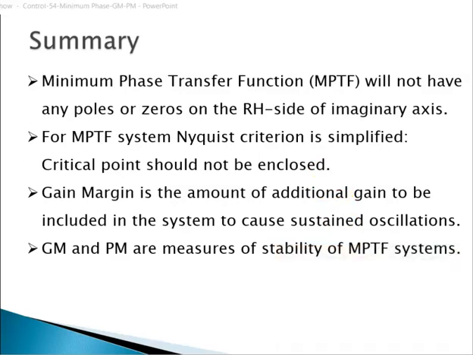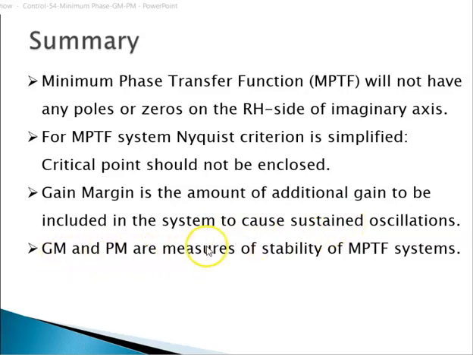Gain margin is the amount of additional gain that can be included in the system to cause sustained oscillations. We don't want sustained oscillations. So we'll see what amount of additional gain can be induced and yet maintain system stability.